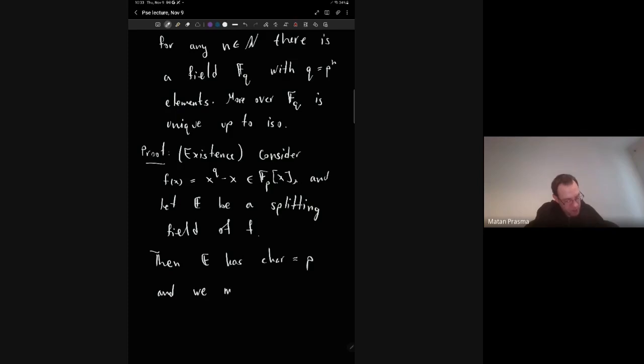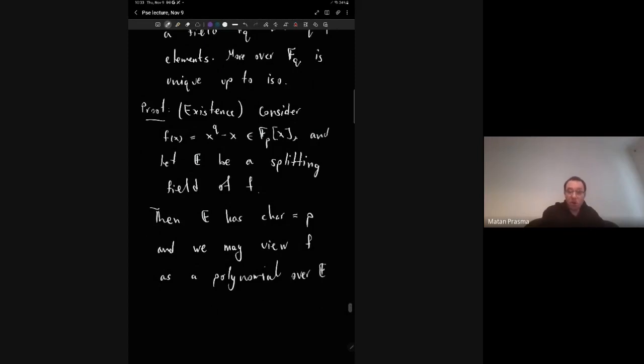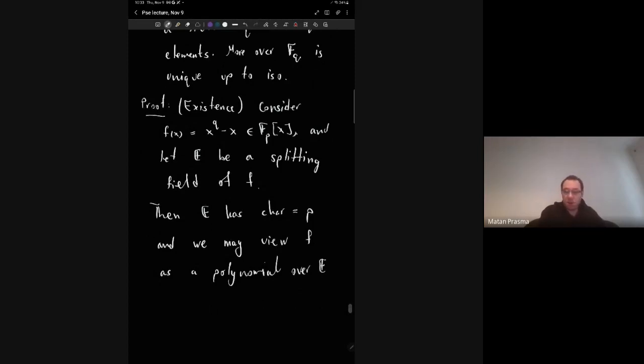We may view f as a polynomial over E. Now, the derivative of f is q times x to the q minus 1.